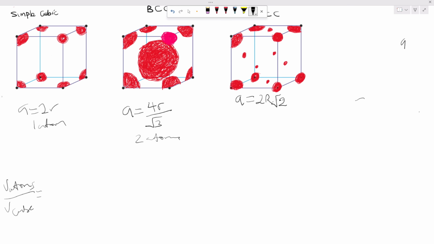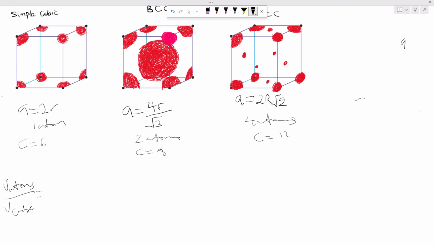This guy has 4 atoms. The coordination number for this guy is 6. Coordination number for this guy is 8. Coordination number for this guy is 12. So next up, we want to look for the APF of this simple cubic.